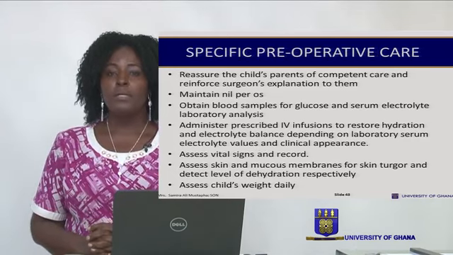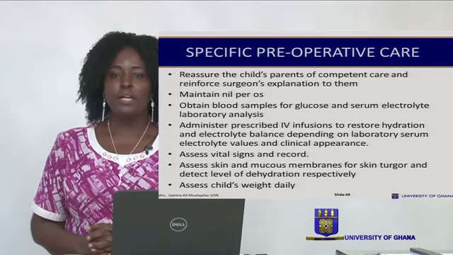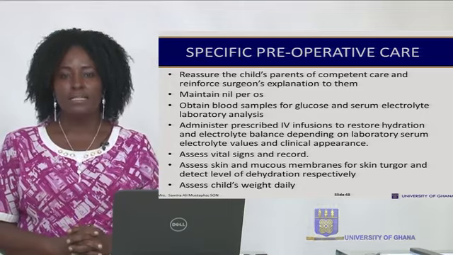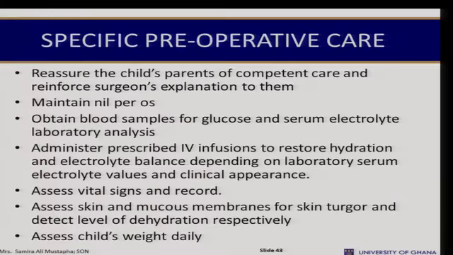Specific pre-operative care: we need to reassure the family that something can be done about it, and then we proceed to prepare the child for surgery. Nil per os, we administer IV fluids and hydrate the child and correct all imbalances.